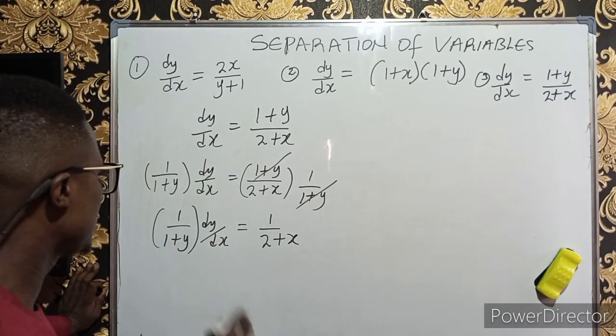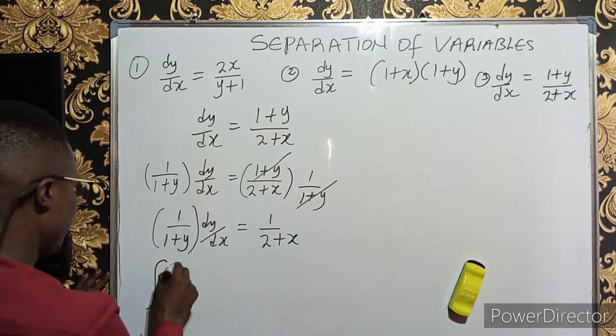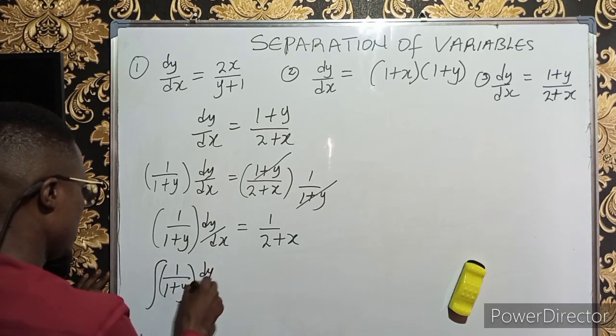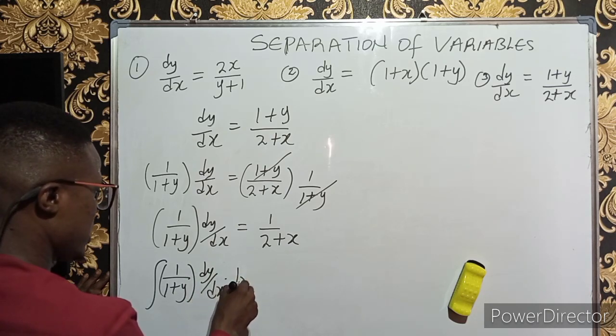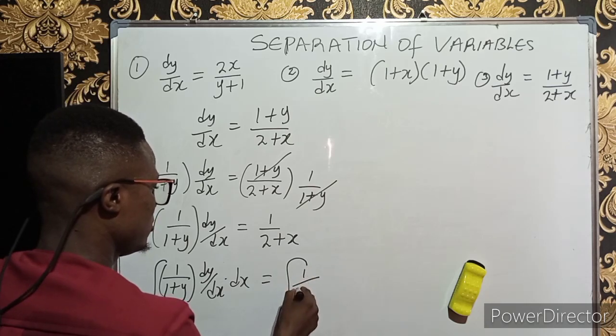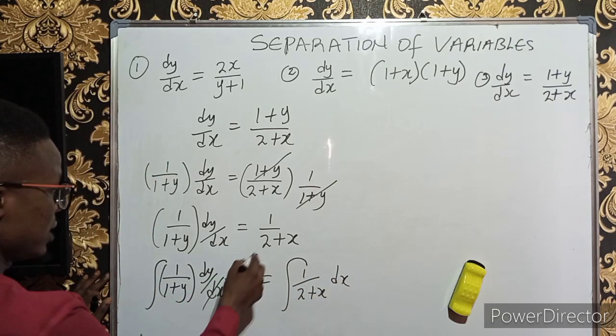Now I can choose to integrate both sides with respect to x. I will now have the integral of 1 over 1 plus y dy over dx, because I'm integrating with respect to x, equals the integral of 1 over 2 plus x dx. So that this dx cancels this dx.